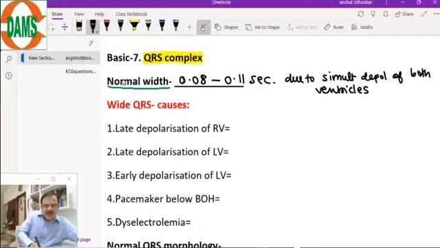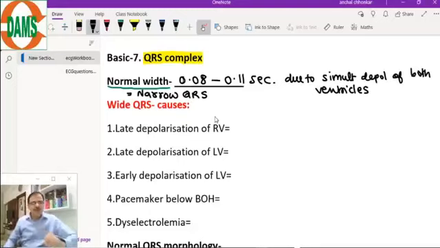Also, whenever normal width comes, this is equivalent to narrow QRS complex. So narrow is not an abnormality. Whenever narrow QRS complex is given, assume it to be a normal width of QRS. So it ranges from 0.08 to 0.11 second, because both the ventricles are getting depolarized simultaneously. So the time taken will be less.